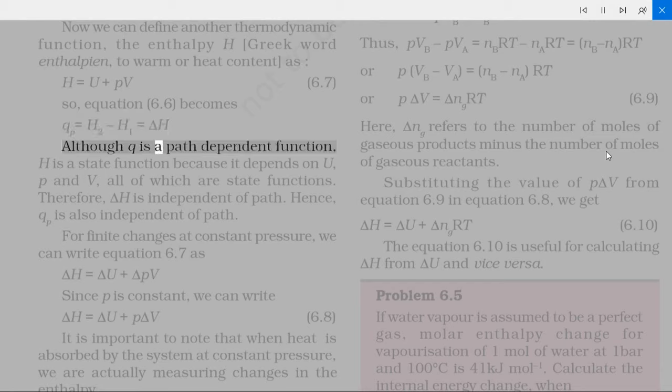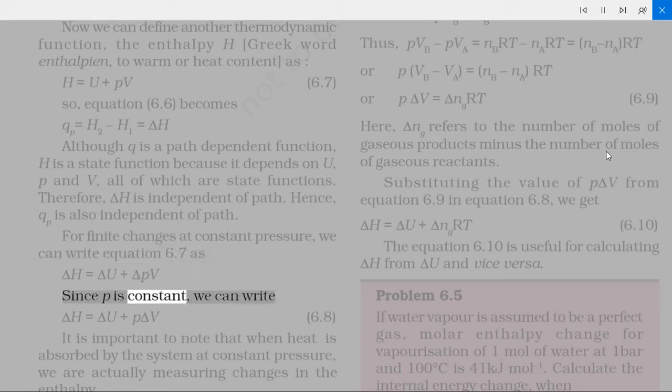Although q is a path-dependent function, H is a state function because it depends on U, P and V, all of which are state functions. Therefore, ΔH is independent of path. Hence, qP is also independent of path. For finite changes at constant pressure, we can write equation 6.7 as ΔH is equal to ΔU plus ΔPV.